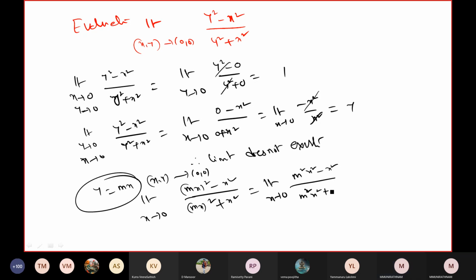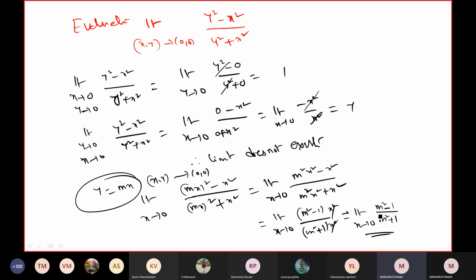If I take x square common, this will be m square minus 1 by m square. So for different values of m, it will give different values. That means the limit is not unique, therefore the limit does not exist.